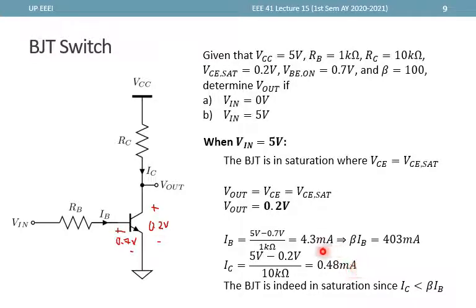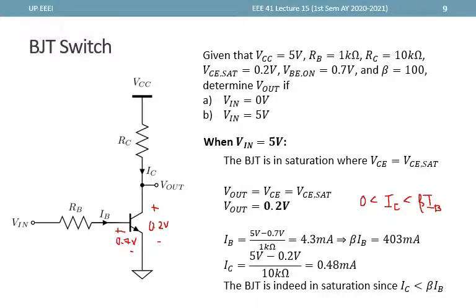Now, since 0.48, the actual IC, is much smaller than beta IB, IC is less than beta IB. Indeed IC is within the range of 0 to beta IB, and therefore we can say that indeed the BJT is in saturation.